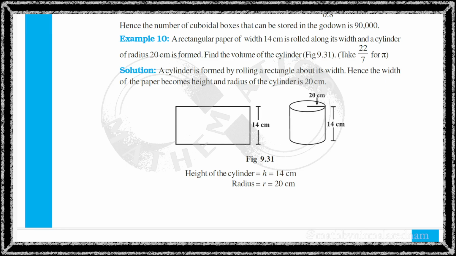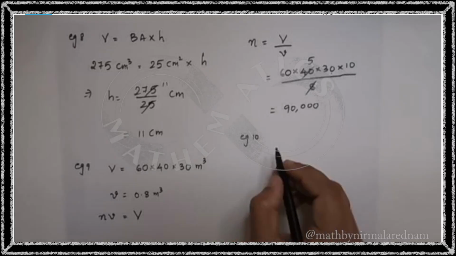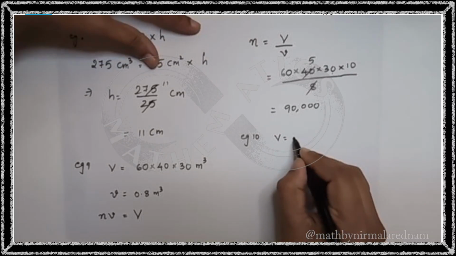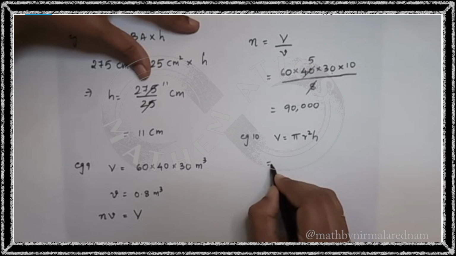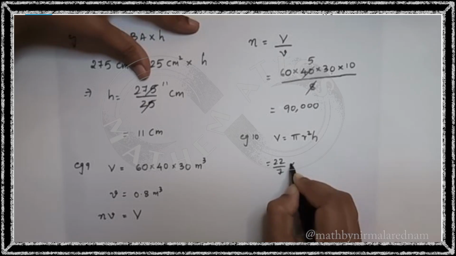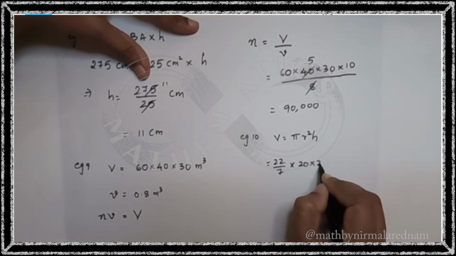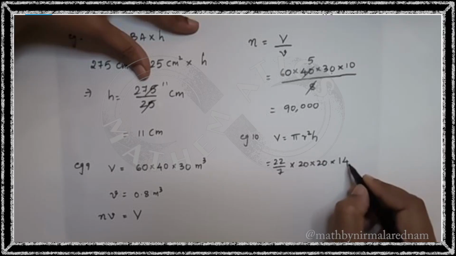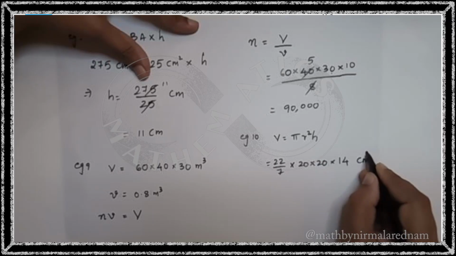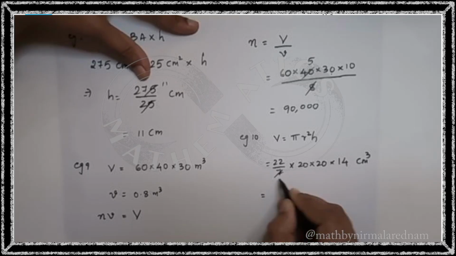Now that I have R and H, the volume is pretty straightforward. Let us look at that. So I have volume is pi R square H, right, which is nothing but 22 by 7. R, it is given to us, so I'm going to write directly. And H, we have come to an understanding that H is nothing but width of the rectangle, which is 14, and the units are centimeter cube, right?